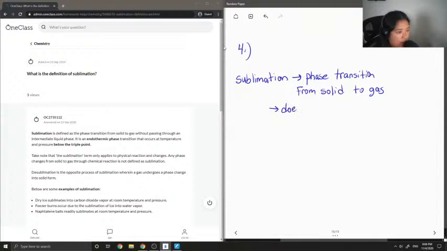What's cool about sublimation is that it doesn't pass through a liquid phase.